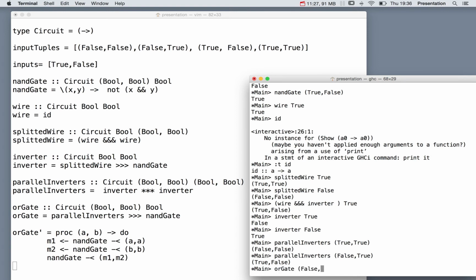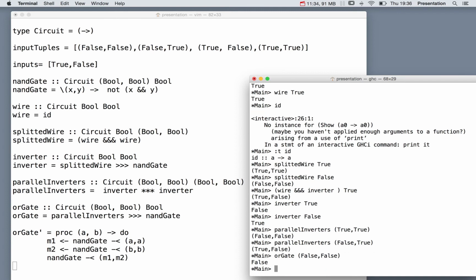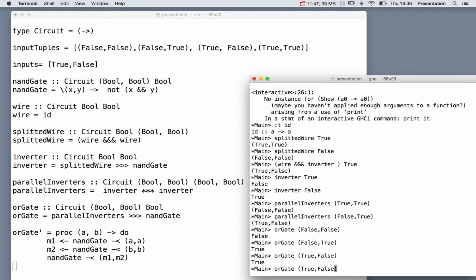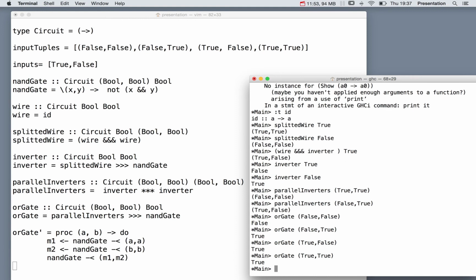So for example, an OR gate should output false if we put on both inputs false, and if we make any input true, then we get true. And it's not an exclusive OR, so we should get also true if both are.